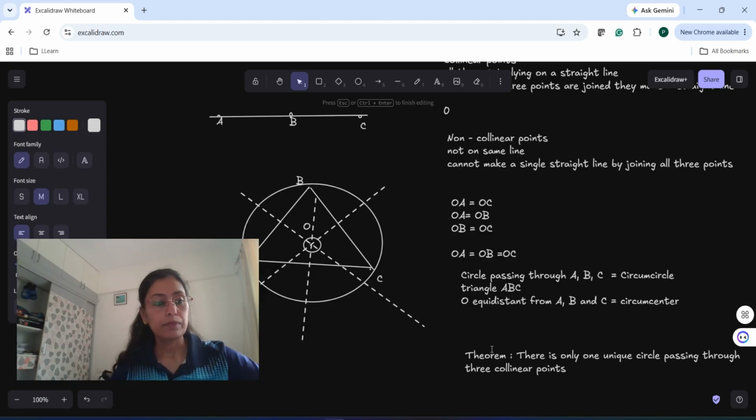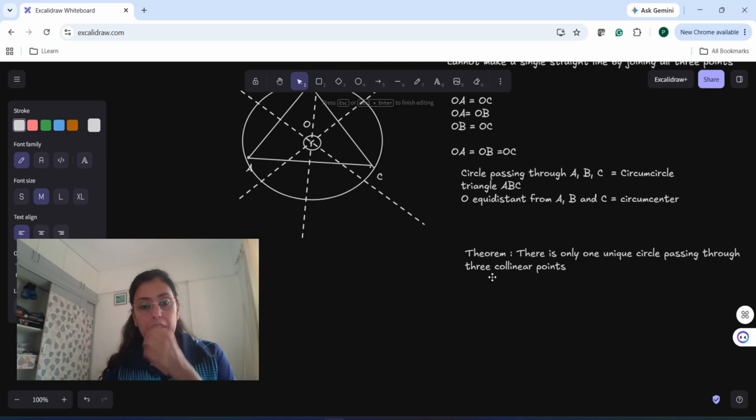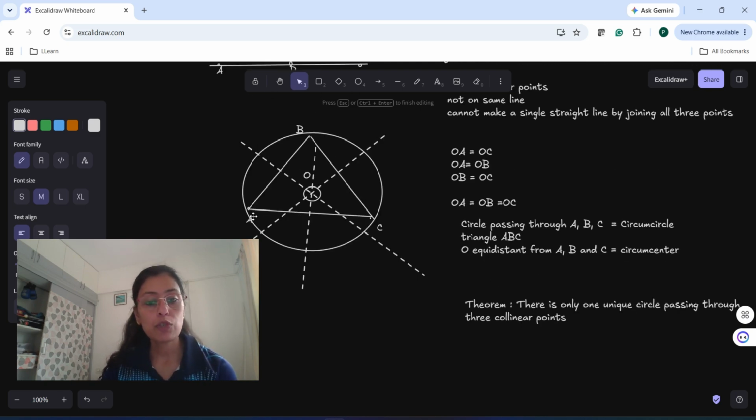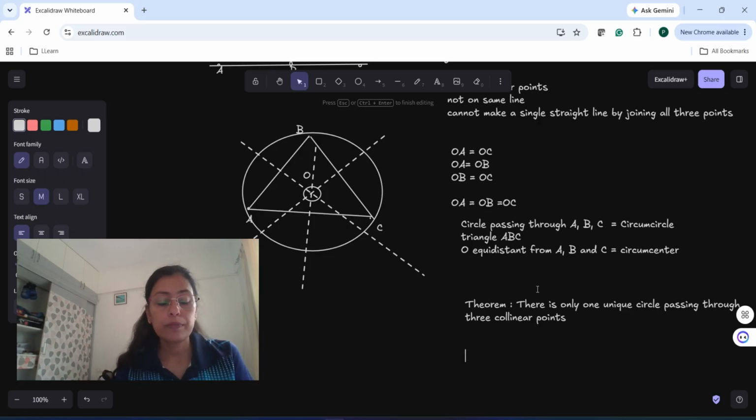Now, when you see closely, this triangle which is formed, this is an acute angled triangle. Okay, so you can try doing this.